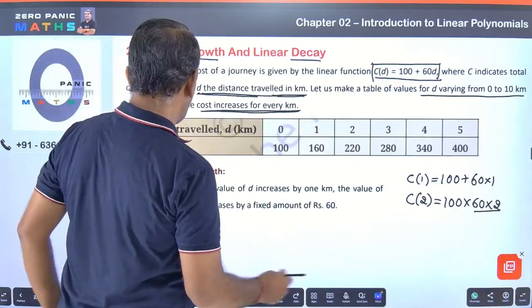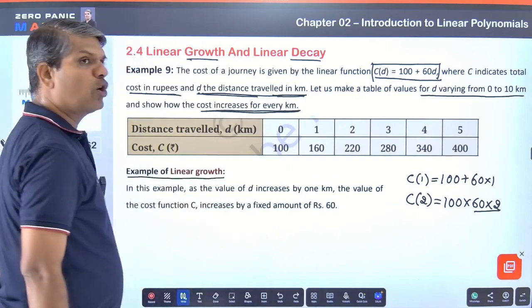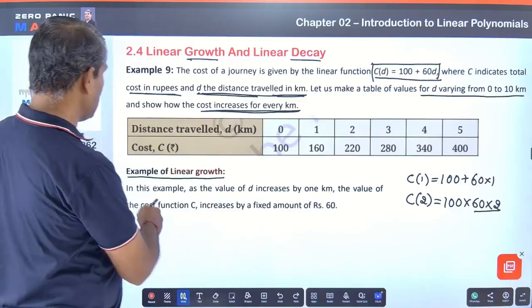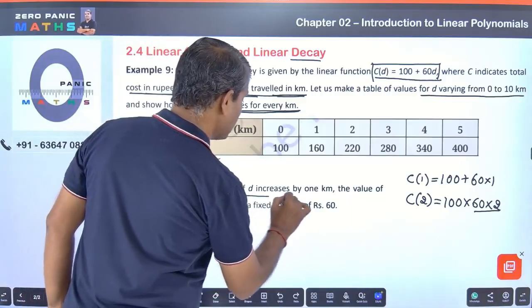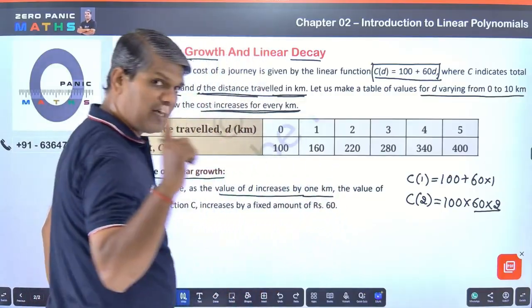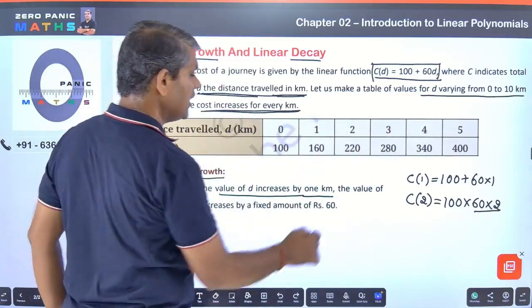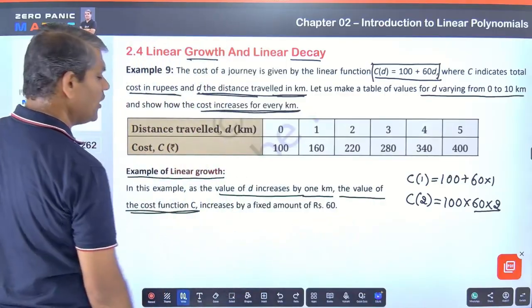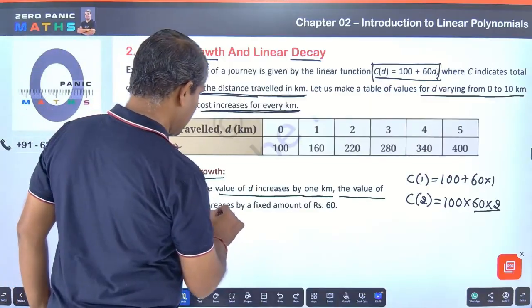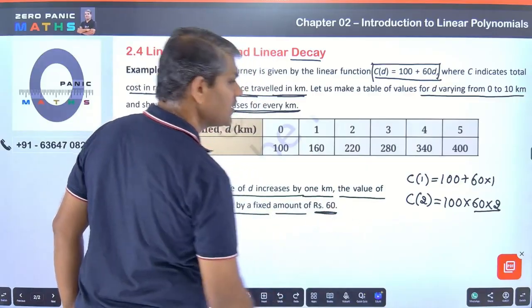Now if you observe, this looks like an example of linear growth. Why is this called linear growth? As the value of d increases by 1 kilometer, the value of the cost function C increases by a fixed amount, and that fixed amount is 60 rupees.